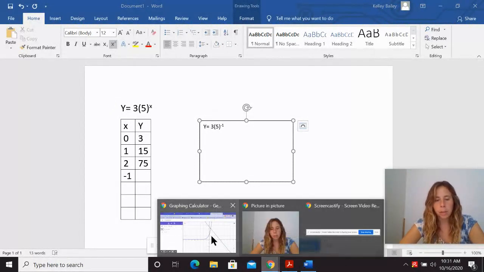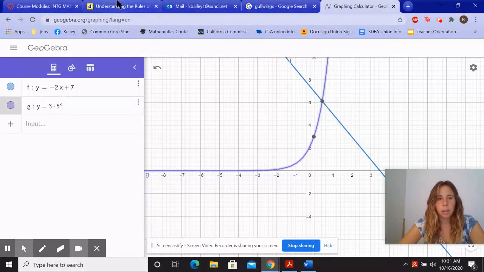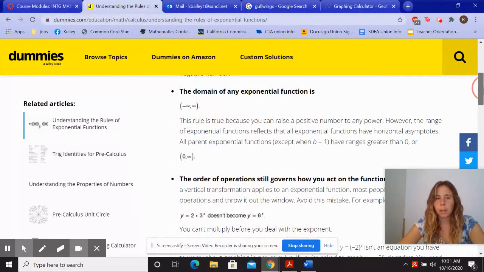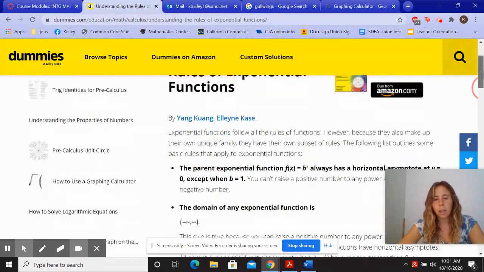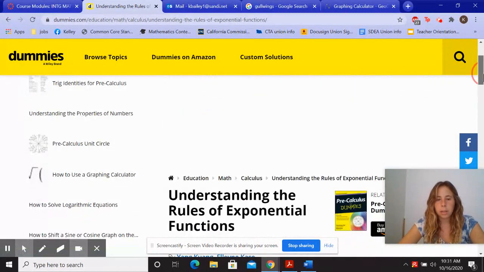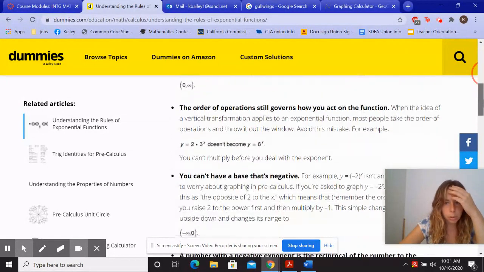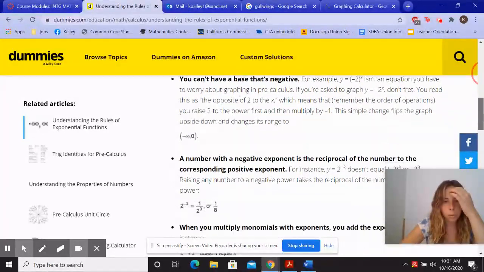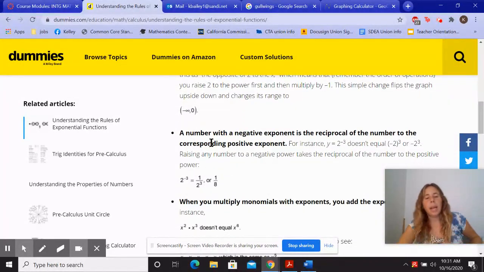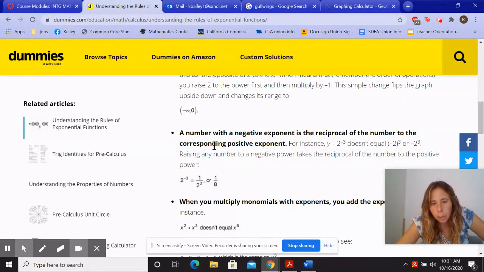Where do I have it? Here it is. Understanding rules of exponentials. I should probably just share this with you guys at some point. We'll go over it all at some point. Okay, here we go. A number with a negative exponent is the reciprocal of the number to the corresponding positive exponent.